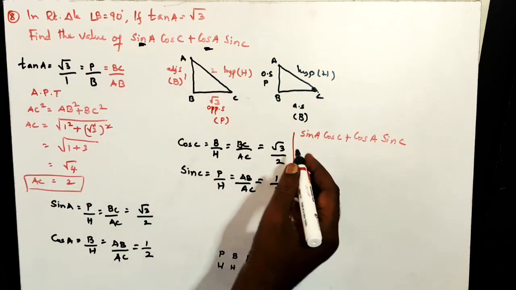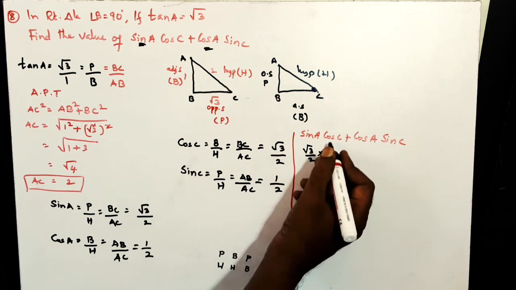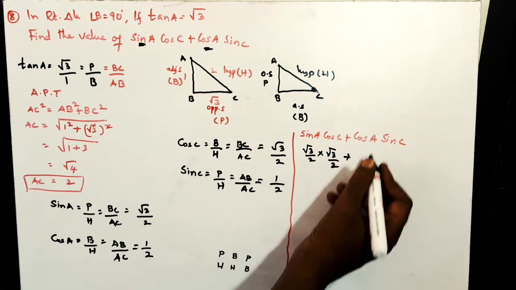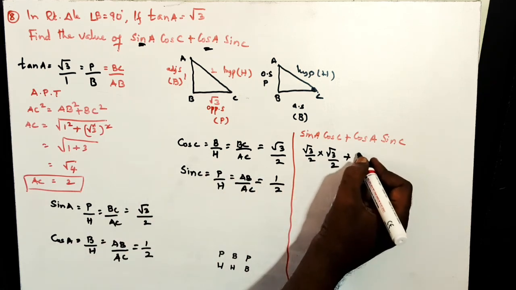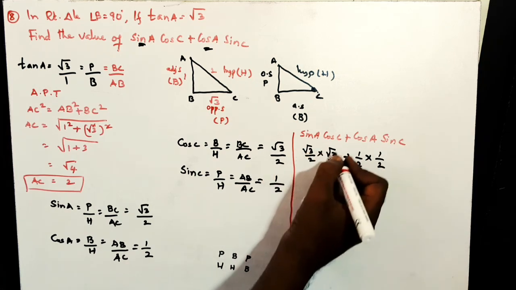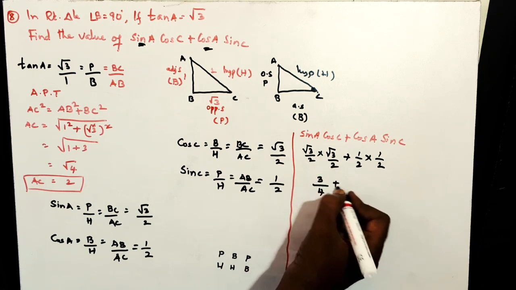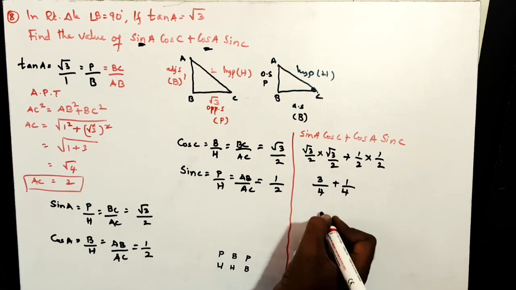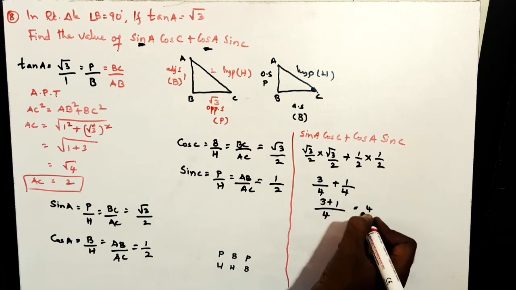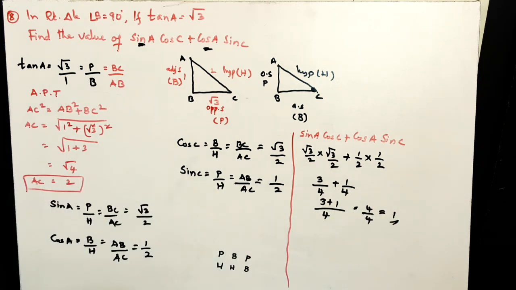Sin A root 3 by 2 into cos C root 3 by 2, cos A 1 by 2, sin C 1 by 2. Root 3 into root 3 is 3, 2 2s are 4, 1 1s are 1, 2 2s are 4. LCM is 4, 3 plus 1 is equal to 4 by 4, which is equal to 1. This is the value of the given expression.